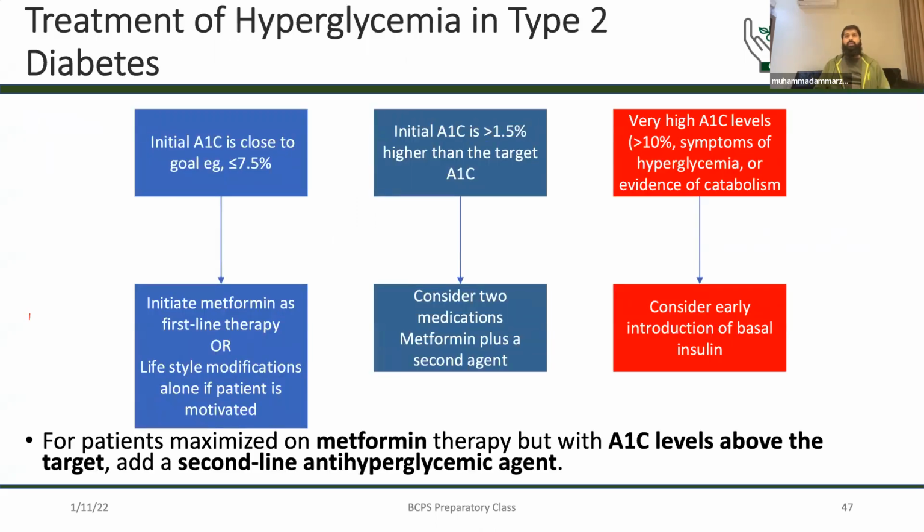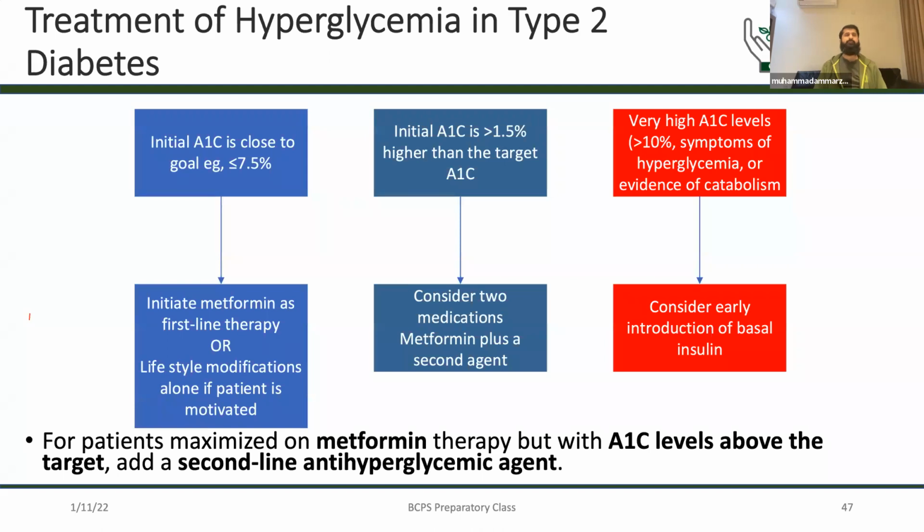So let's start with the treatment of type 2 diabetes. And in type 2 diabetes, metformin is at the cornerstone of therapy, and all patients take metformin if no contraindication is present, and additional therapies could be added over metformin.